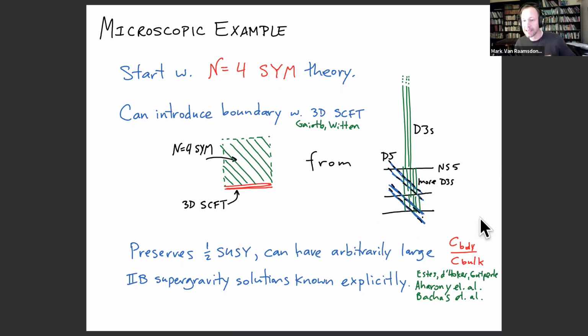And so we could make the effective central charge, or the number of degrees of freedom of this 3D theory, arbitrarily large relative to the N=4 theory. Okay, and so that's what we wanted from before. In the end, I want to take the N=4 theory, but with relatively few degrees of freedom, and then have many degrees of freedom for this 3D theory and have that be a normal holographic theory.